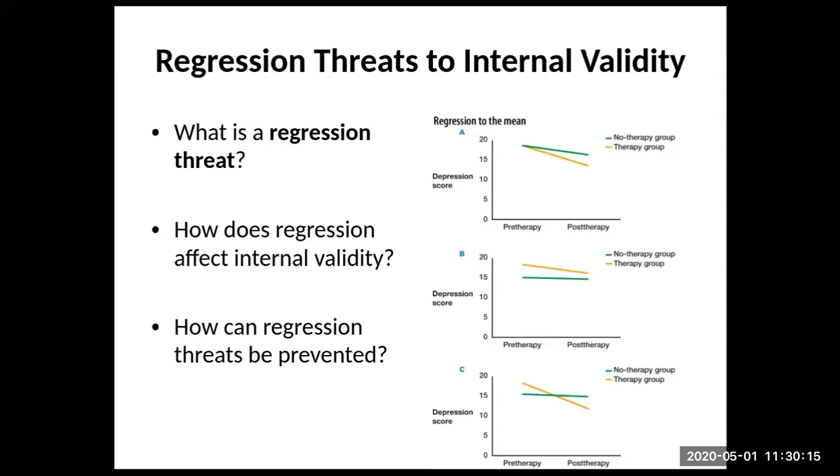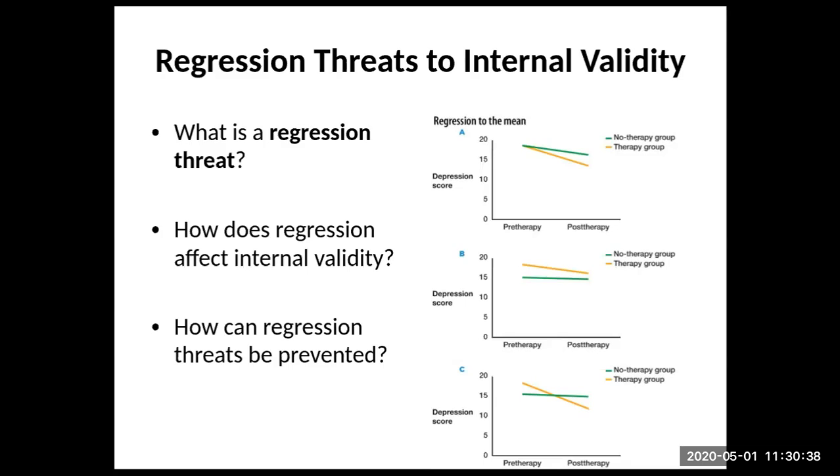Well, here in the last one, again, the no therapy group didn't change, or only changed very slightly. And we have what we call a crossover, right? So in this case, we'd call that an interaction. The therapy group decreased in post-therapy, and again, the no therapy group didn't really change much.